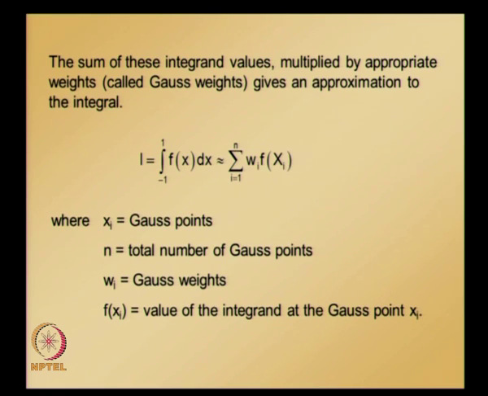Also in the last class we have seen the Gauss points and weights up to 10 points, and the tables are reproduced here.